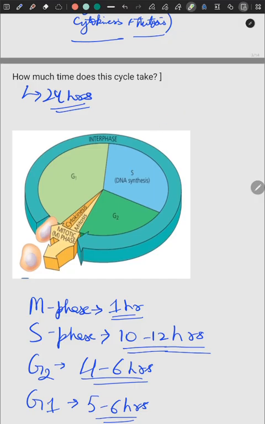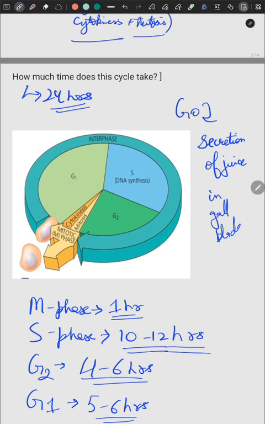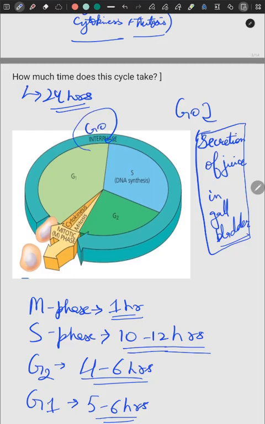These cells are doing some task instead of dividing and growing, for example, secretion of juice in the gallbladder. So sometimes a gap occurs here and the cell cycle stops for a few hours. That's why it is the most variable phase.